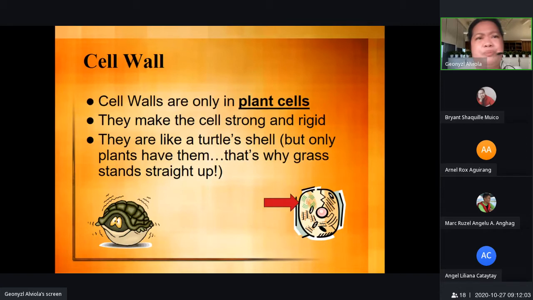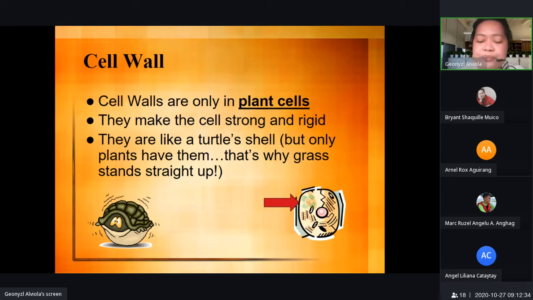We also have peroxisomes. Peroxisomes act like lysosomes. But sometimes, as you go into cell and molecular biology, peroxisomes also determine cell death. It acts like a timekeeper. This is the time where the cell dies because it eats up other organelles.